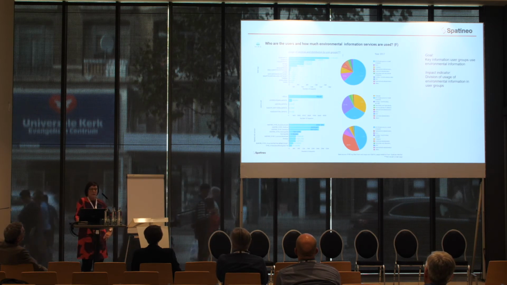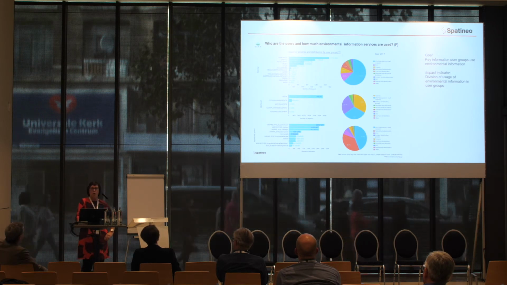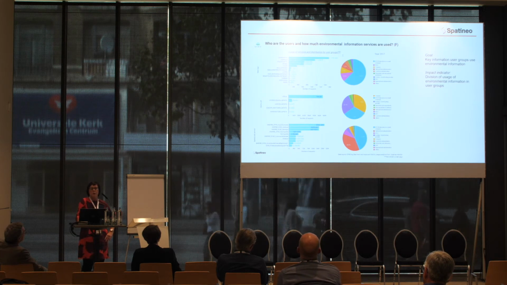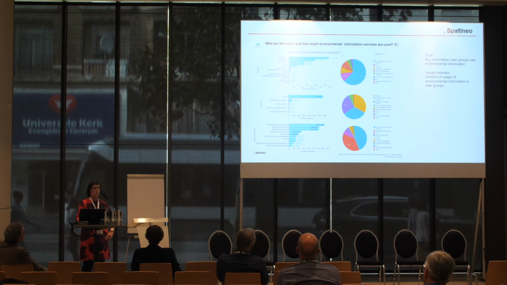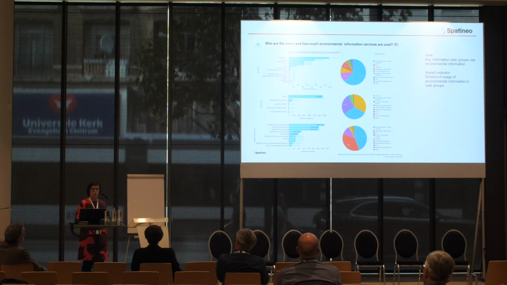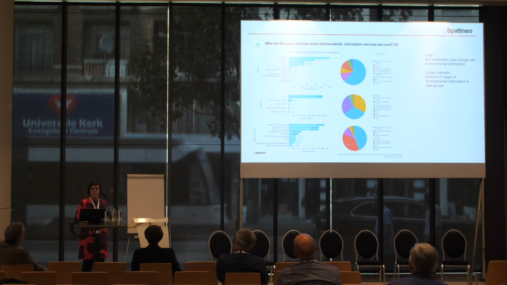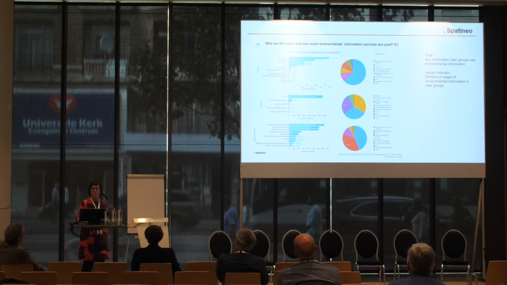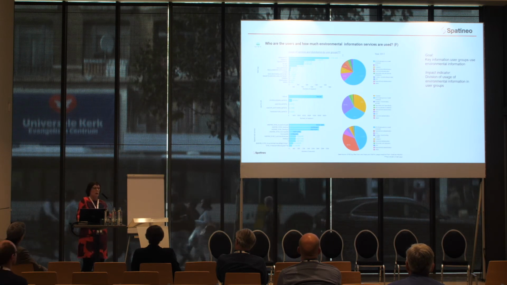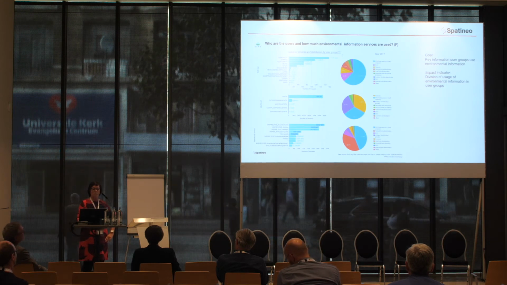I think that this is really, really interesting statistics. The goal here is that the key information user groups use environmental information. So that's local authorities, national authorities, and companies, and of course citizens. And then we created an indicator that shows which user groups actively use those web maps.